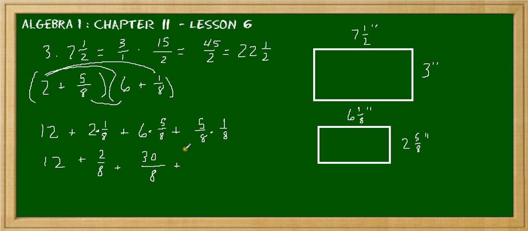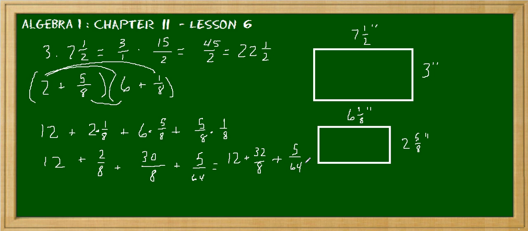Plus, now I'm going to multiply these, and I'm going to have 5 times 1 is 5, and 8 times 8 is 64. So, look at what we have now. Well, we've got an opportunity to add these two together, and that will give me 32. So let me just put that as 12 plus 32 eighths plus 5 64ths.